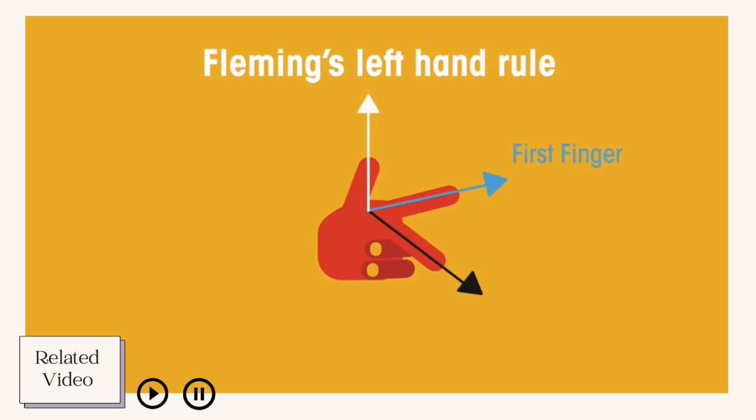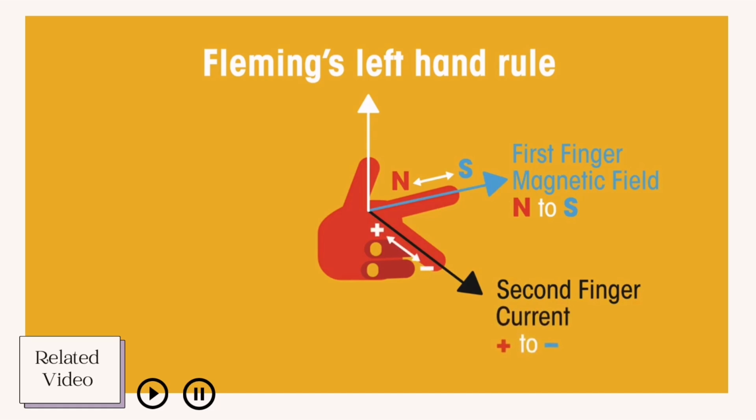Your first finger represents the direction of the magnetic field, from north to south, so your finger is pointing to the south pole. Your second finger represents the direction of the electric current, flowing from positive to negative, so your finger is pointing to the negative. Your thumb represents the direction of movement.